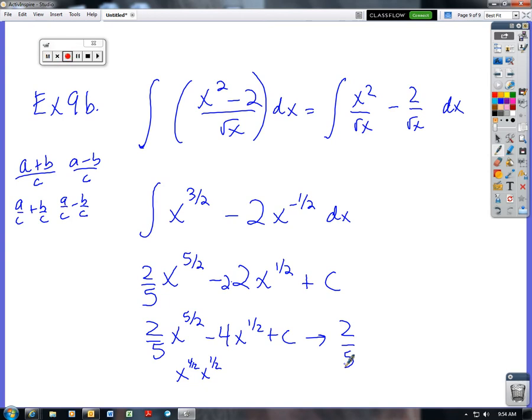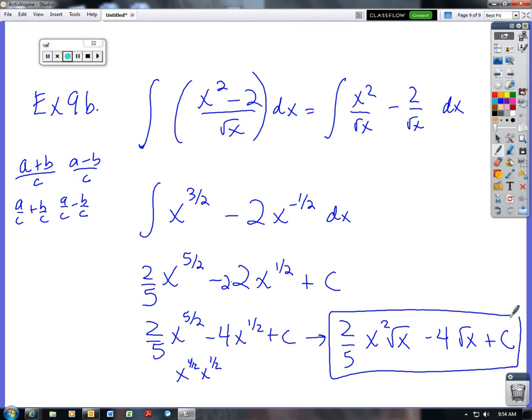X to the 4/2 is x squared, and then x to the 1/2 is root x, minus 4 times root x plus c. This other way is also acceptable, but it is good if you can write them in either form.